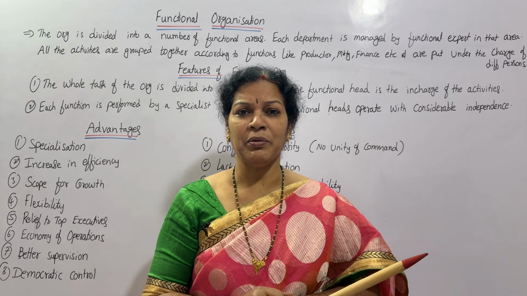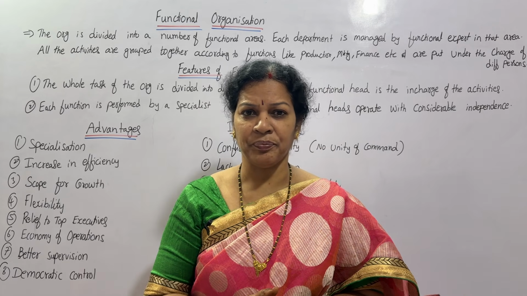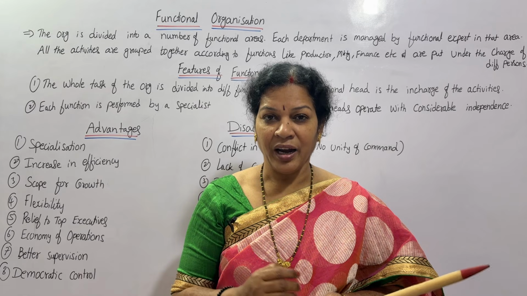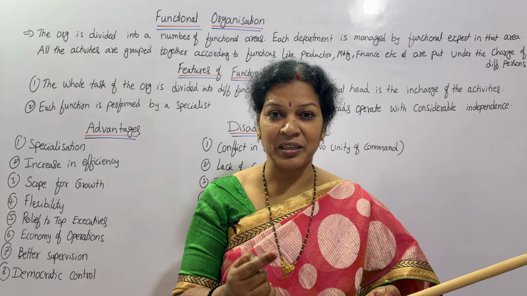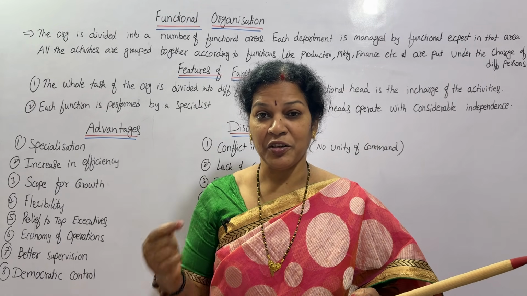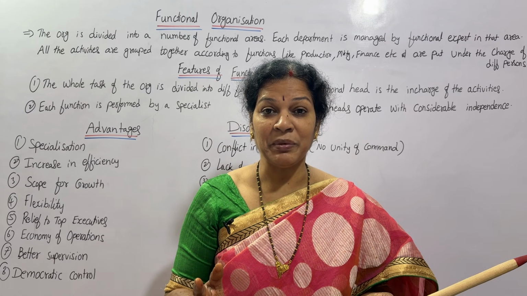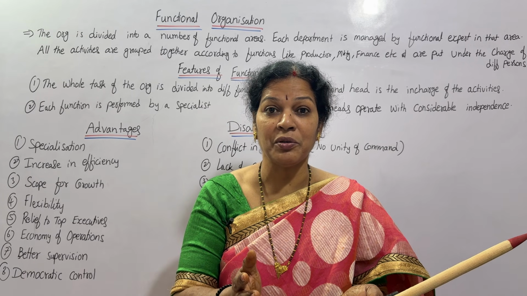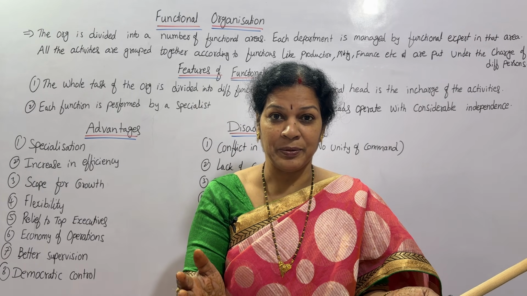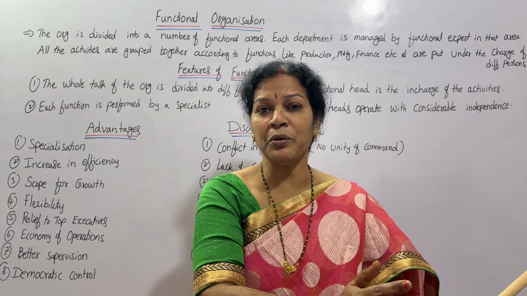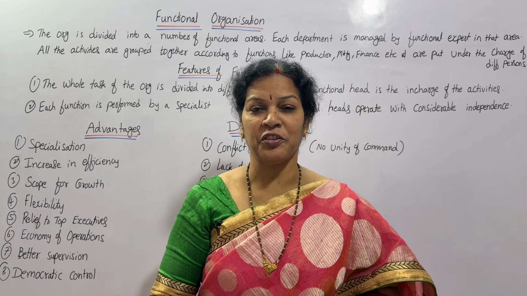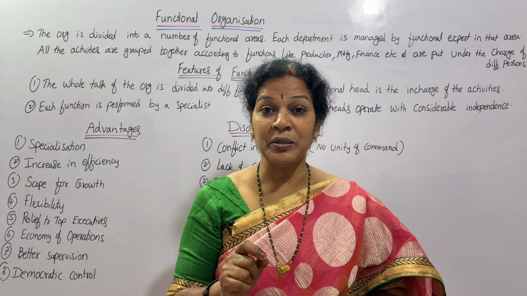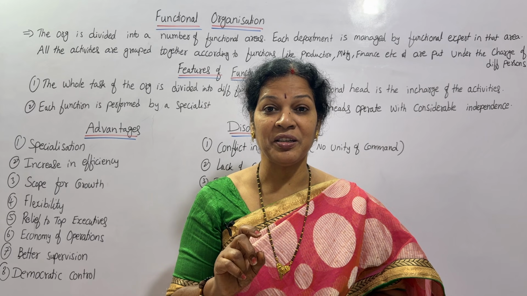For example, we have an organization and we want to produce one product. For that product, different departments are identified: finance department, marketing department, HR department, production department. All these departments work for the organization's goals, but in different functions. Each department has its own function. The production department's function is to produce the product effectively and quality-wise, and to reduce the cost.